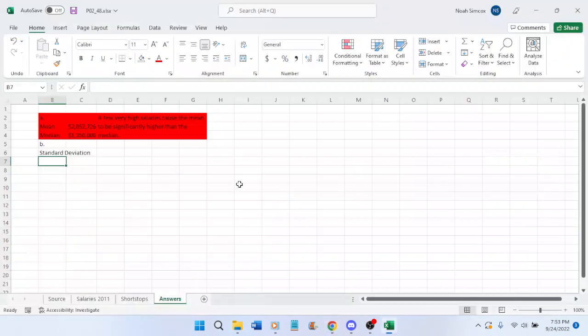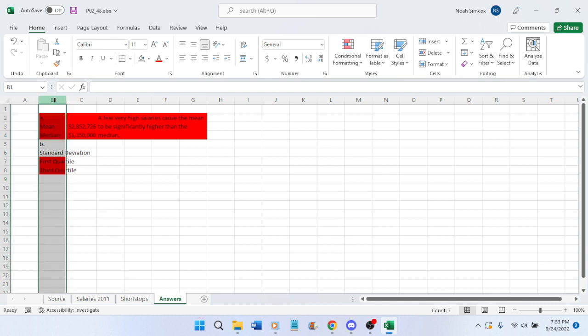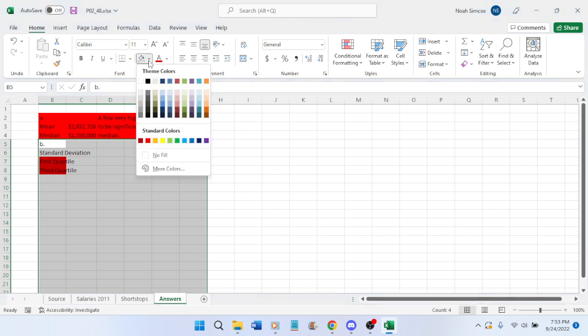First and third quartiles. First quartile. What the heck? What is it doing? Why? No. What the heck is going on?